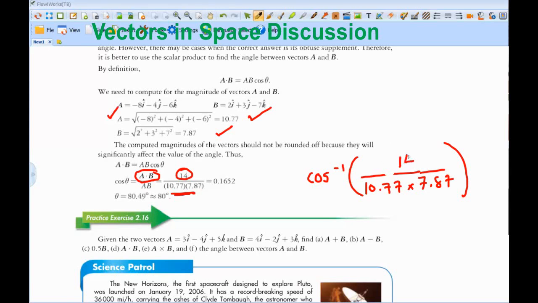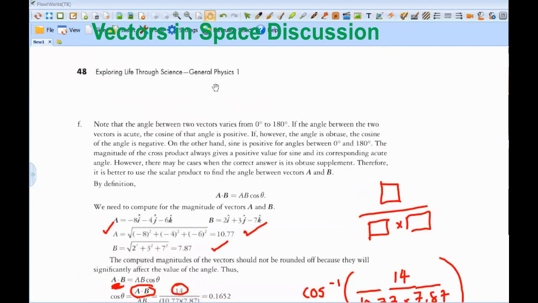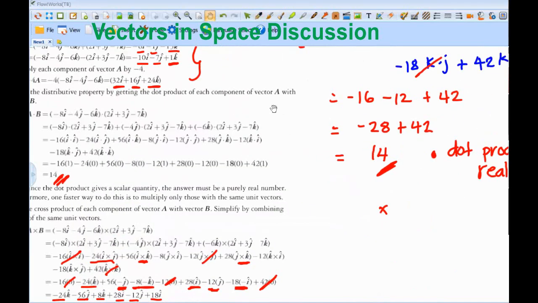Divide this. Press shift cosine negative 1 and then this. Sir, where did 14 come from again? The dot product of AB, right? Here, dot product 14.